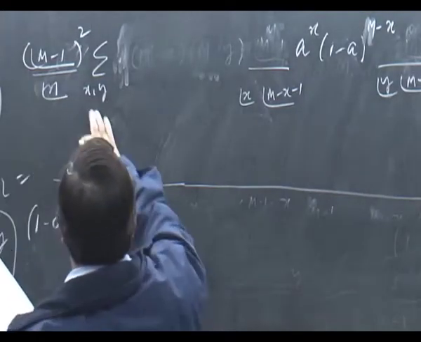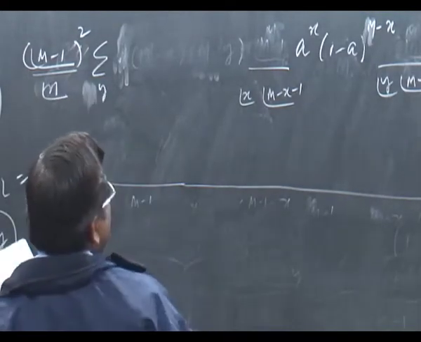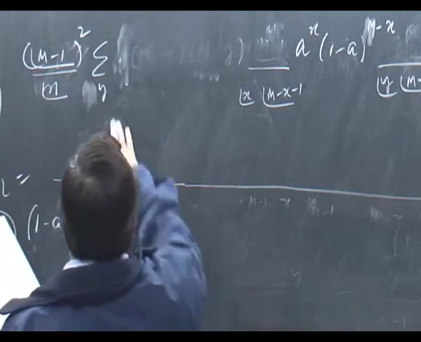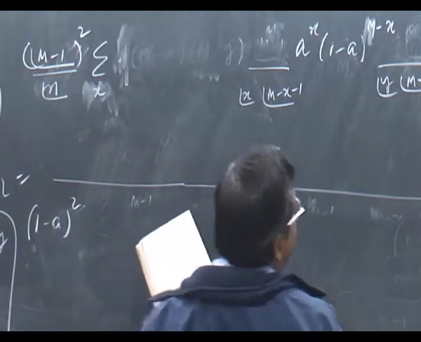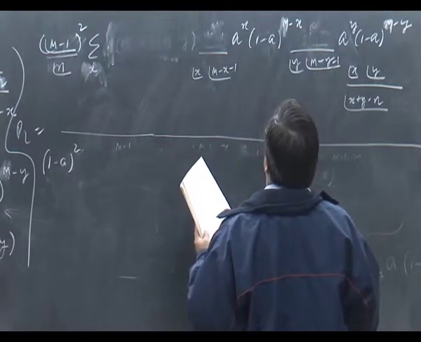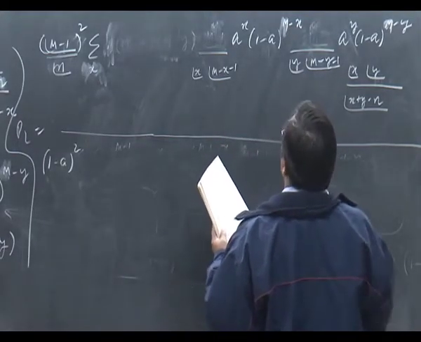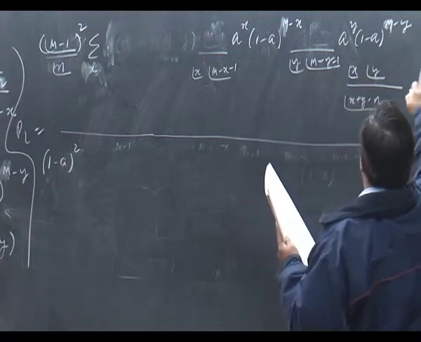And now I will split into two summations. One is over x, the other one is over y. I will do it over x later, first over y and second over x. Anything which is having y, I will keep on this side.